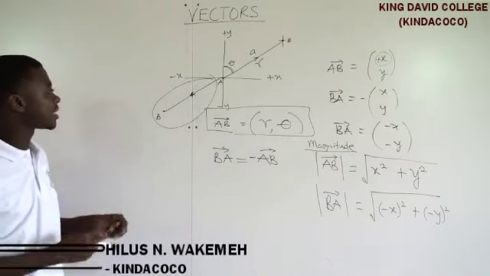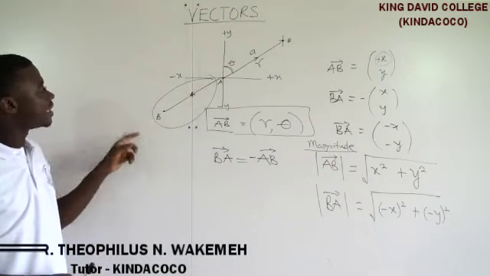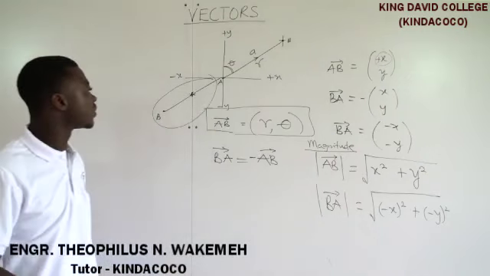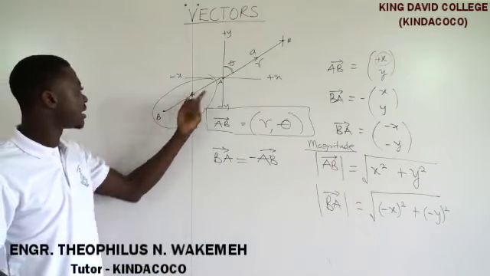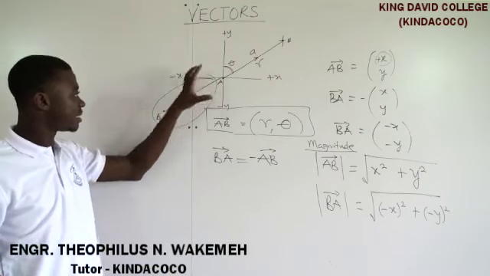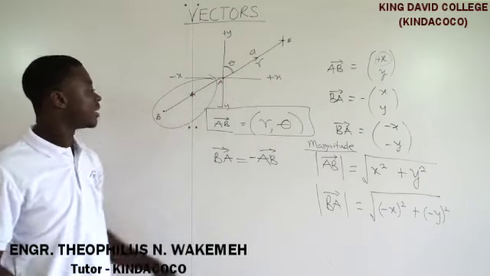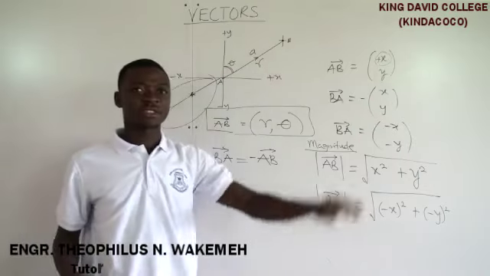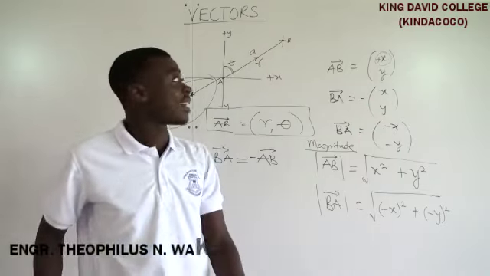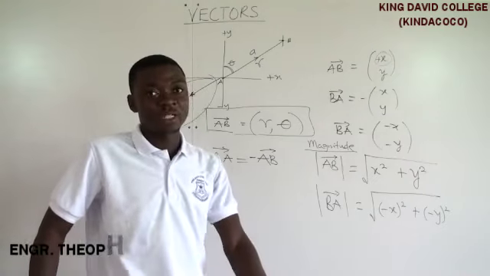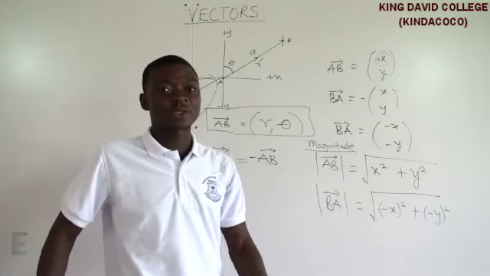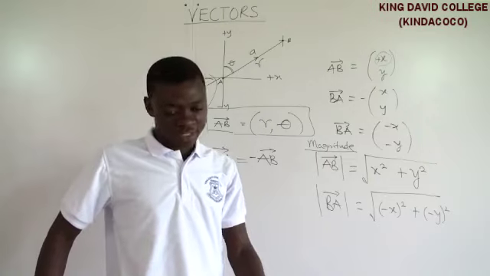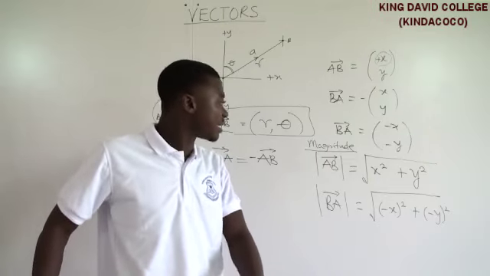Direction wise, this is going this way, this is coming this way. So BA, which is the same as minus AB, is in the minus region. The directions are different, though the magnitudes are the same. That is why we call them vectors.